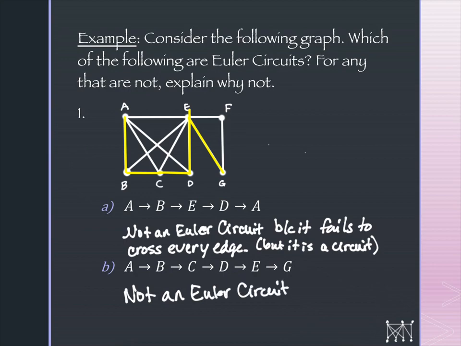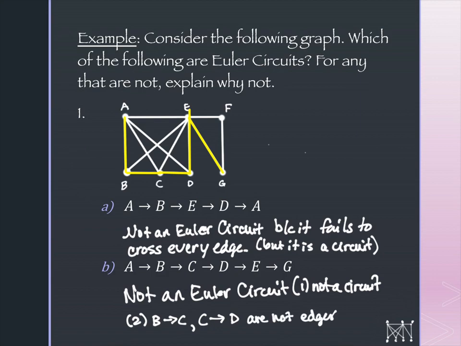And we're going to list several reasons why. So 1, it's not a circuit. 2, what was it, the letter before? B. B to C, and C to D are not edges. Okay?